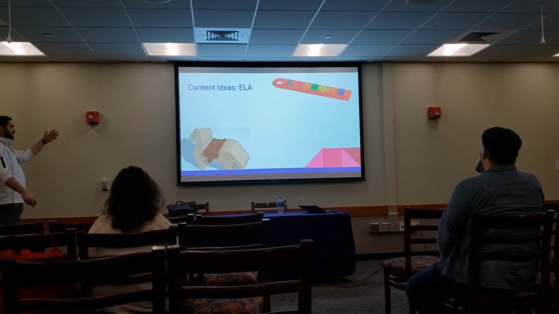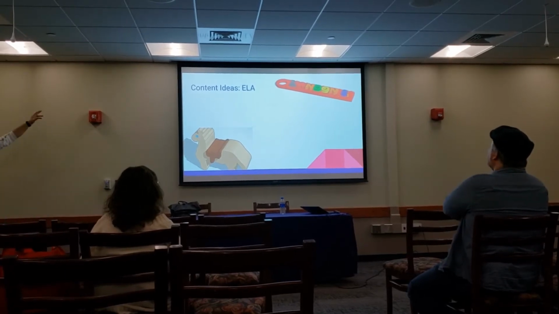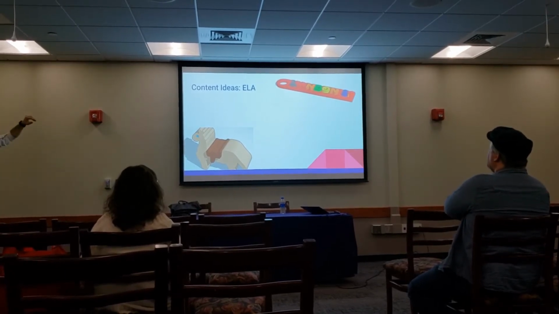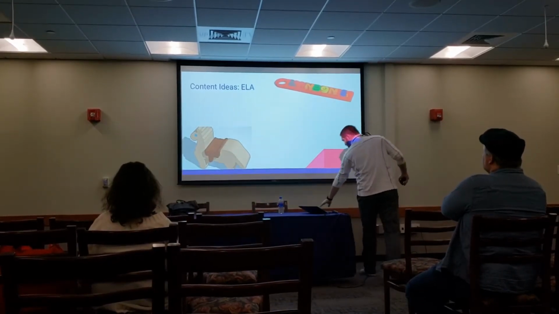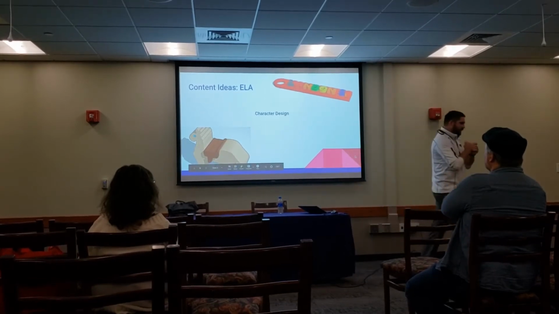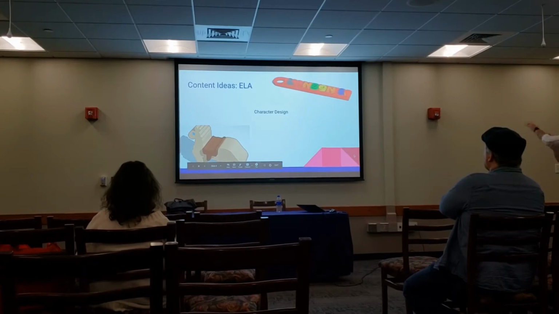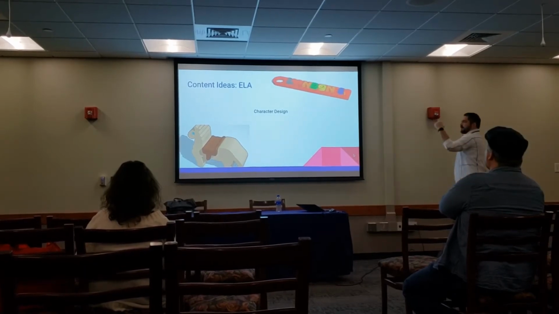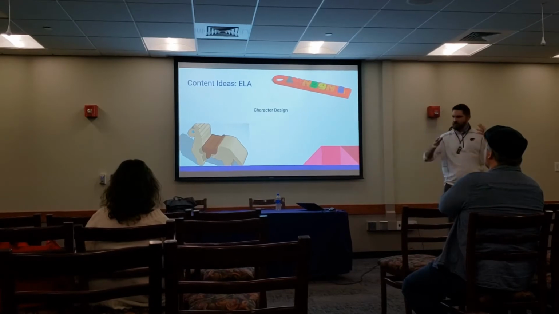So ELA, and the designs you see here are stuff my students have made throughout the past few years. The first idea that I've seen students use is character design. So in the bottom left-hand corner, it's a horse. And a student of mine was studying the Iliad, the Trojan Wars and the Trojan horse.